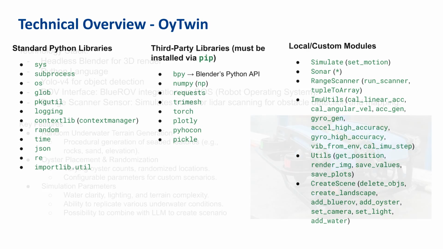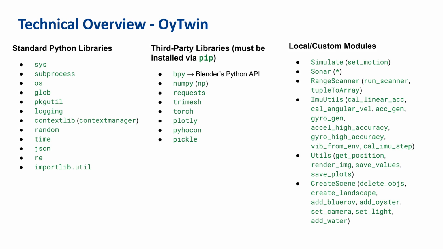This slide provides a more detailed look at the technical stack of OyTwin, focusing on the software libraries and custom modules that drive the system. On the left, you can see the standard Python libraries we use, such as SYS, subprocess, OS, and JSON. These provide the backbone for file handling, system operations, data parsing, and logging.